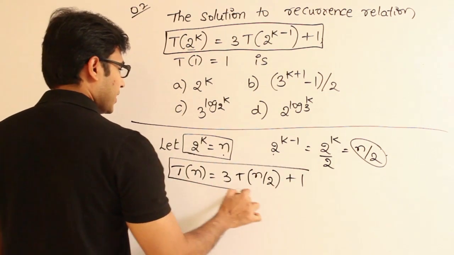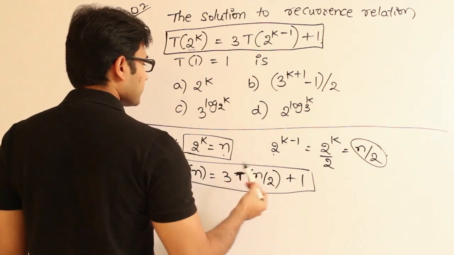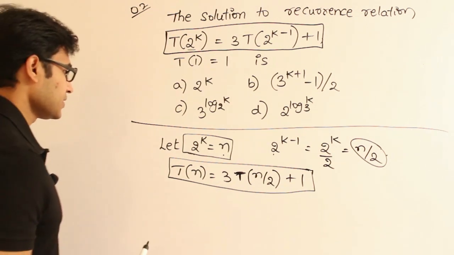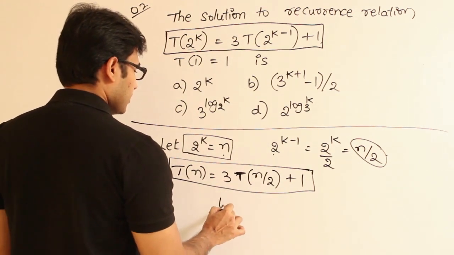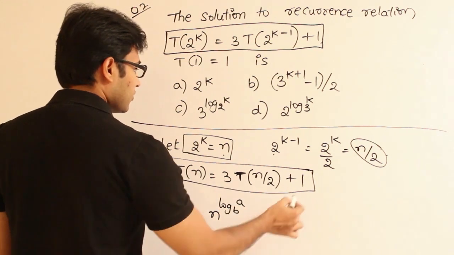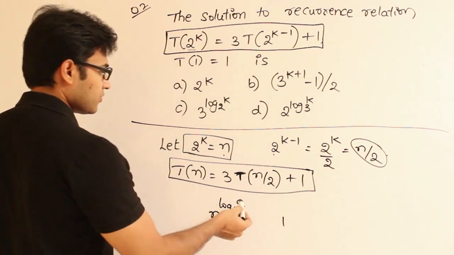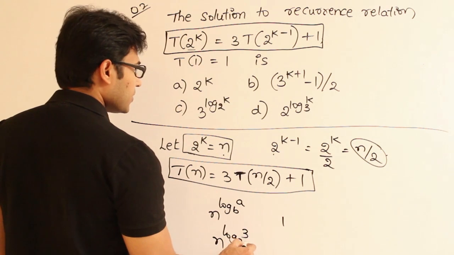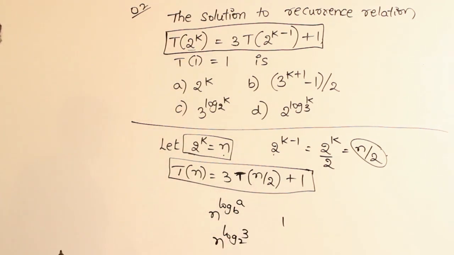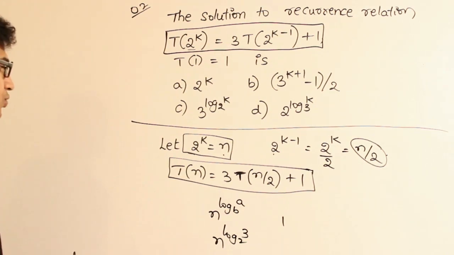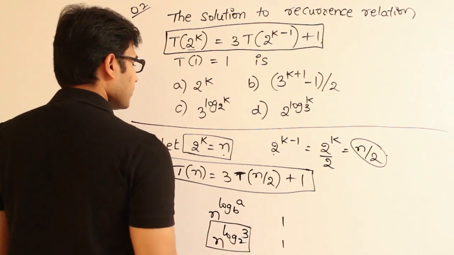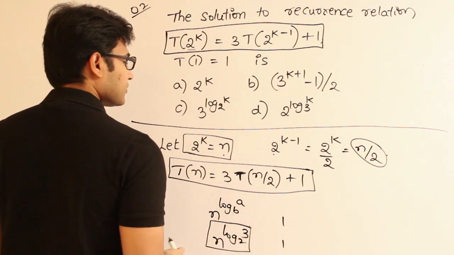Now this is in a format where you can apply Master's theorem, right? After applying Master's theorem, you will get some answer. In this case, you are supposed to find n^(log_2 3) and compare it with this f(n). So it is going to be n^(log_2 3), and f(n) is going to be 1, and obviously this one is greater as the function.